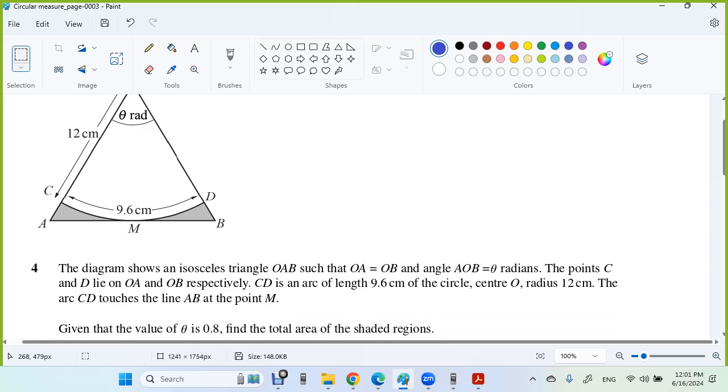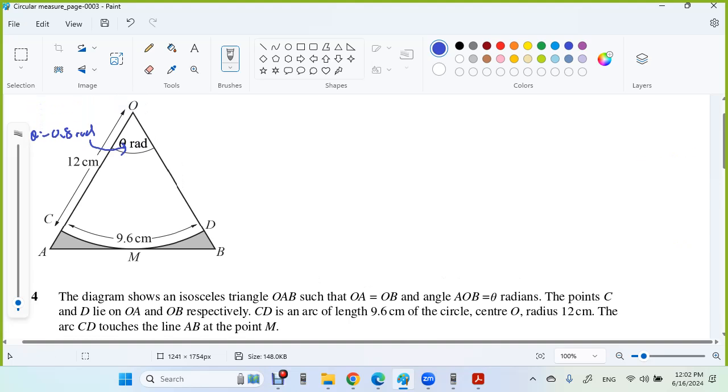The arc CD touches the line AB at the point M. The value of theta is 0.8 radian. Find the total area of the shaded region.